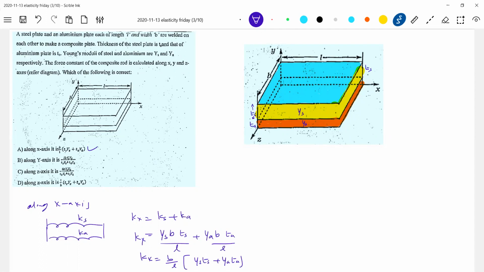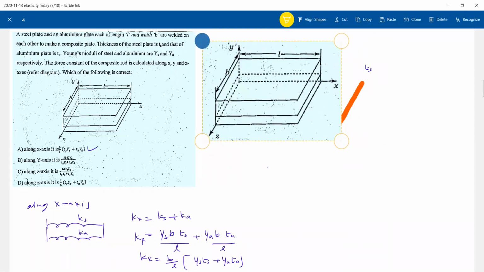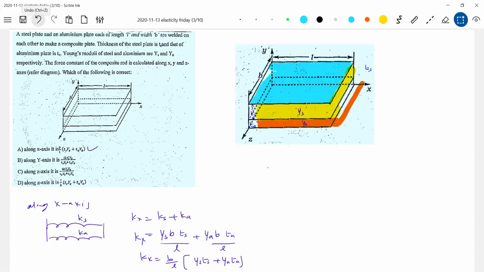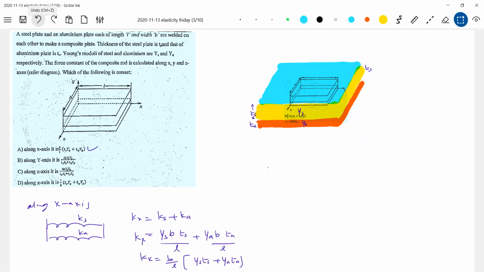Now along y-axis. Along y-axis, how will they be?